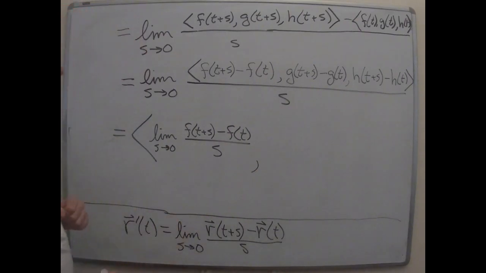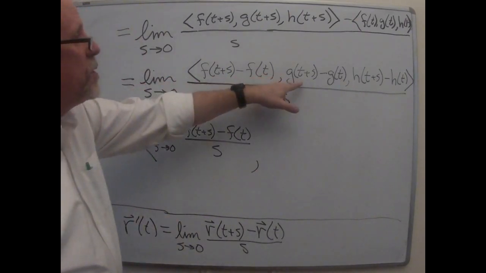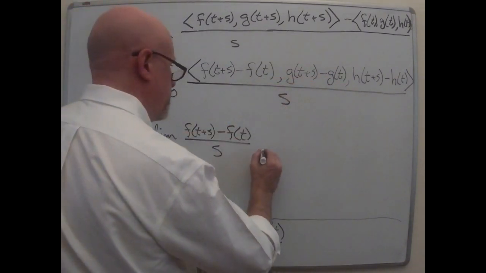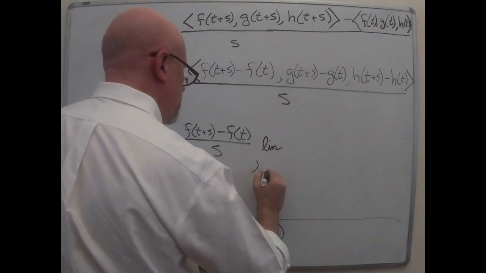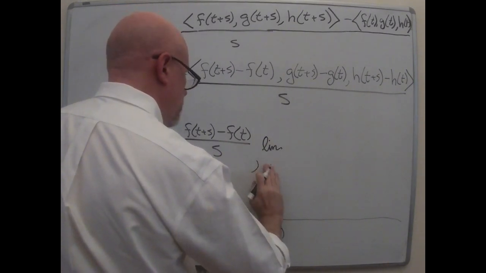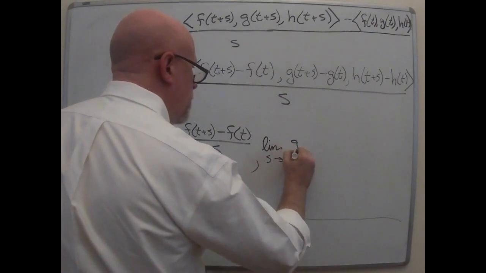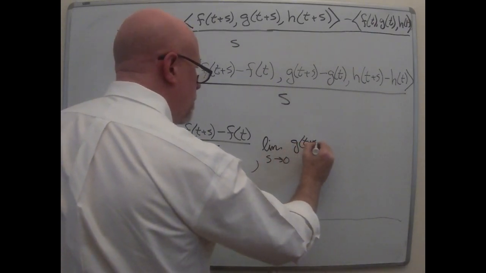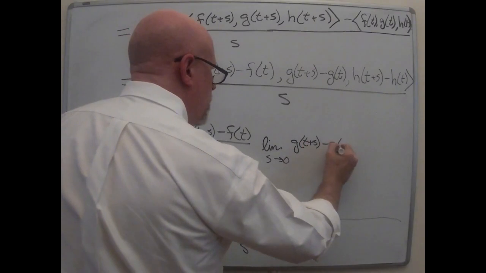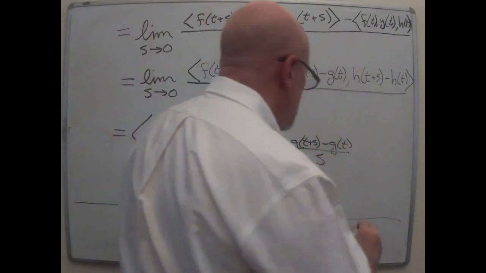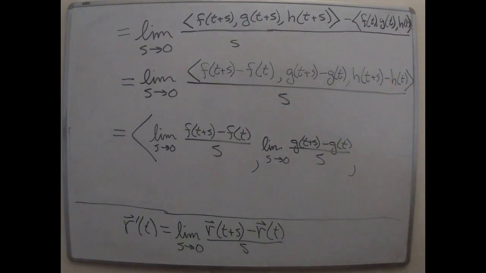What's the y coordinate of this big old vector? Again, it's got this limit, and it's g of t plus s minus g of t over s. And the z component, well, I may not have space for the z component, but you know what it's going to look like.